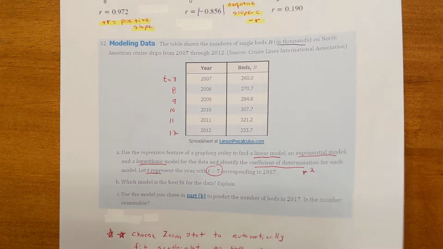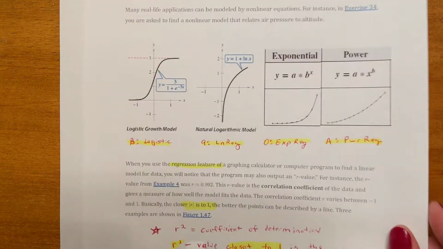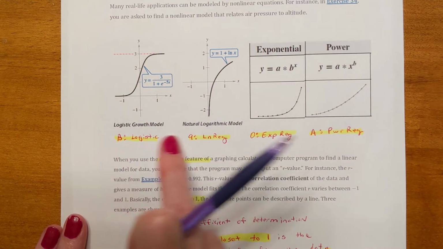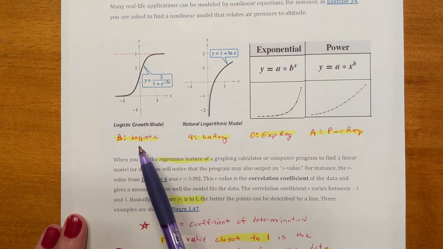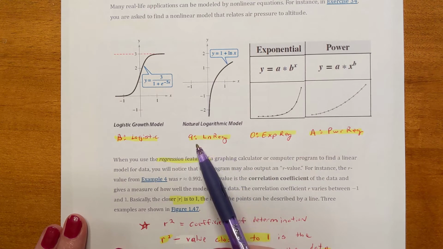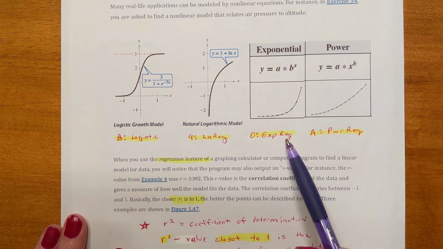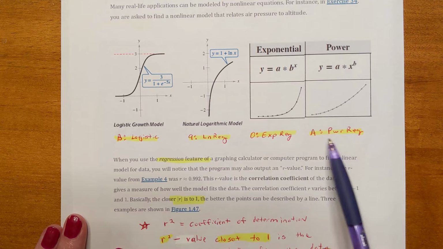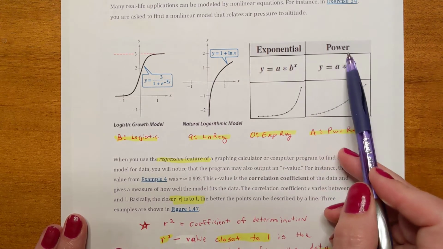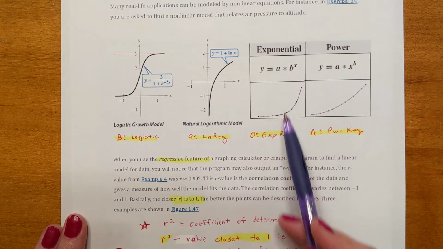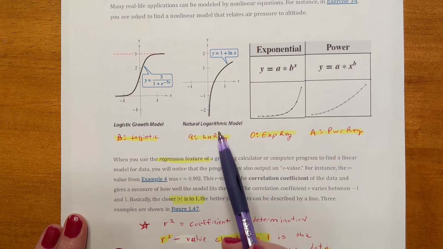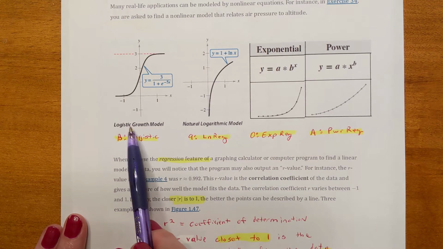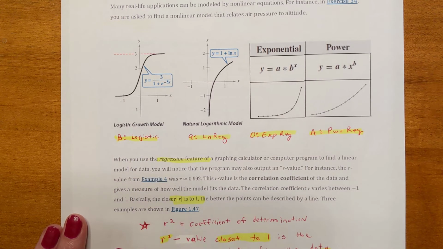Going back to the front page here, I forgot. I labeled down here in yellow which ones those were on your calculator. So the logistic growth model is choice B, linear regression is 9, the exponential regression is 0, and the power regression is A. Power, exponent, logarithm, they use natural log for doing the logs, and then logistic is spelled logistics.